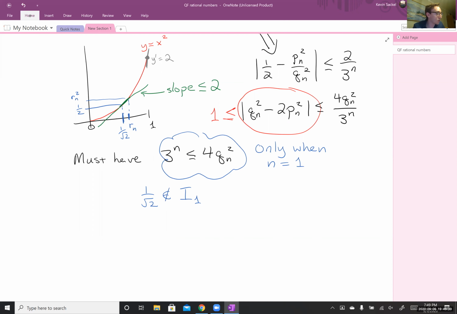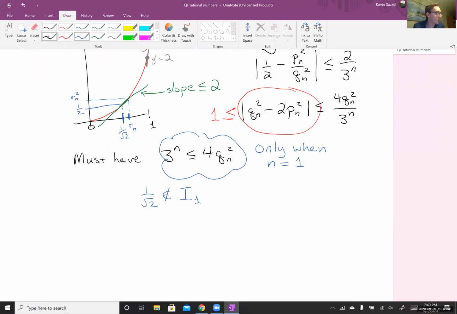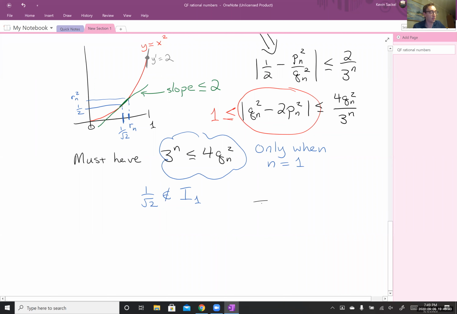This means that 1 over square root of 2 is not in any of the intervals. So this implies 1 over square root of 2 is not in In for all n. So that's the proof.